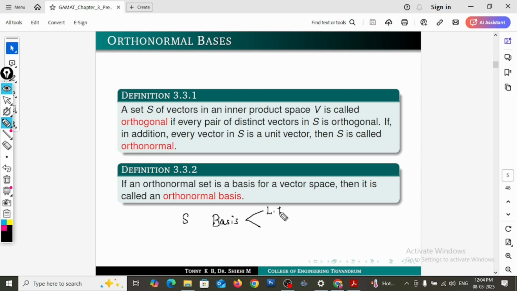The set must be linearly independent and it spans the vector space V. Then S is a basis. In addition, if the set S is an orthonormal set, that is, if you take any two distinct vectors U and V in S, U dot V equal to 0, and the norm of each vector in S equal to 1, then we call this S an orthonormal basis.